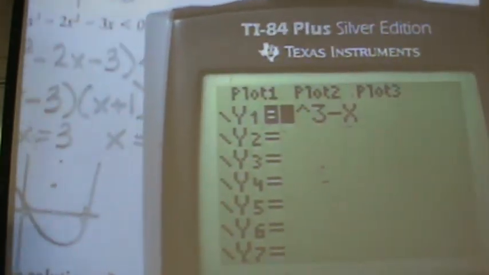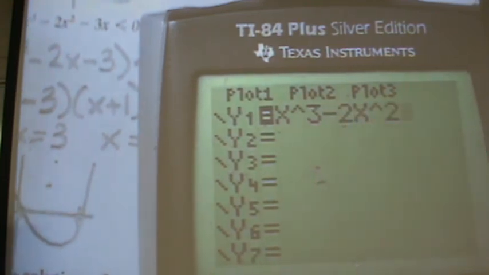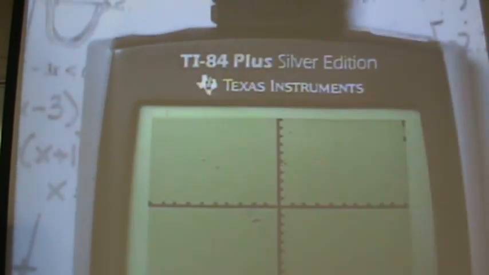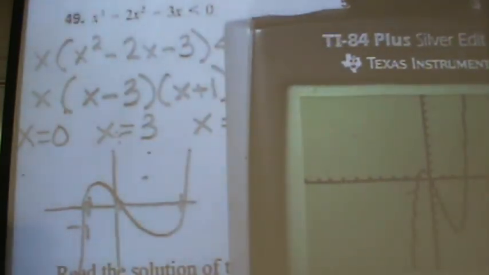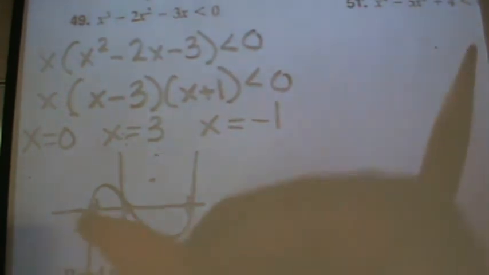You can take x cubed minus 2x squared minus 3x and graph it. And that's exactly what I just kind of drew. Now, what part of the graph is less than 0? It's this piece right here and this piece.